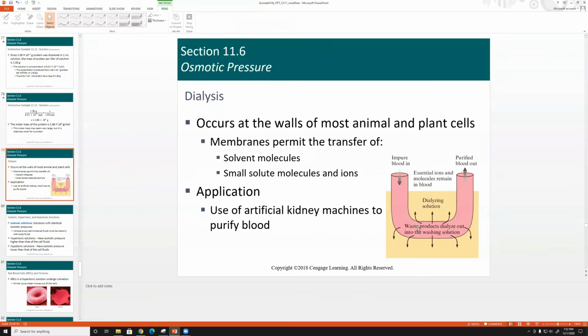Meaning, because of the low concentration of solutes on the outside of the membrane, the solute particles will move from high concentration to low concentration to equilibrate that pressure, or that concentration gradient.